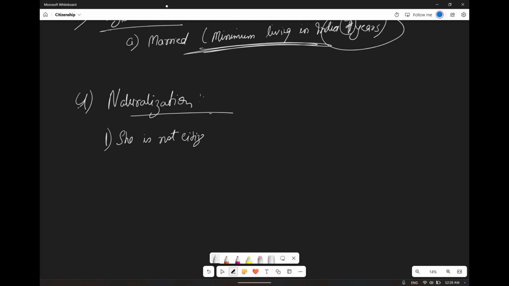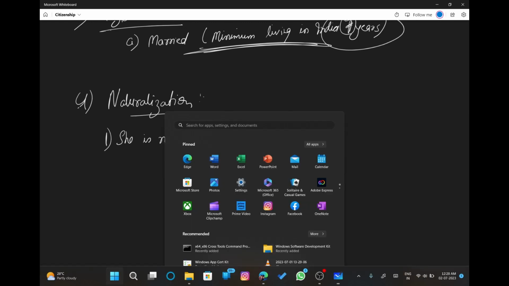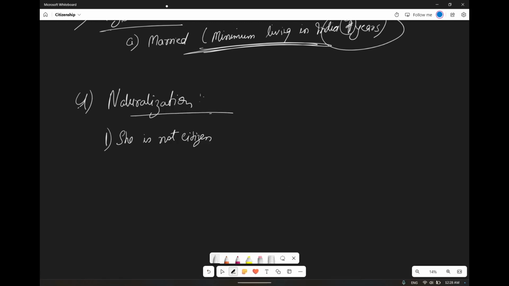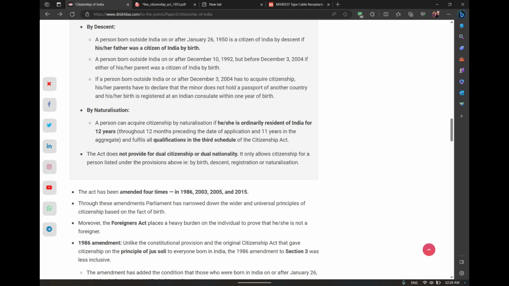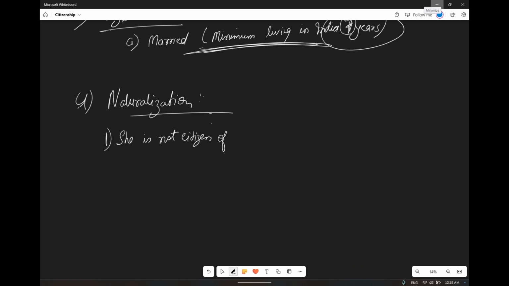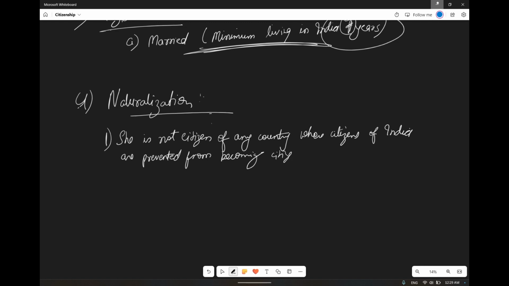She or he is not a citizen of any country where citizens of India are prevented from becoming citizens by naturalization. An example of such a case is Saudi.